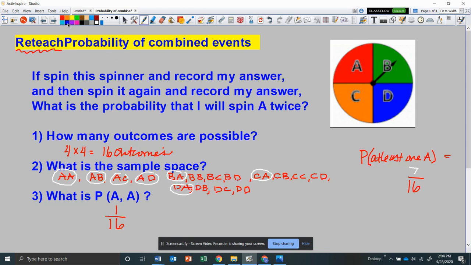I could do, what's the probability of spinning a B or a C?